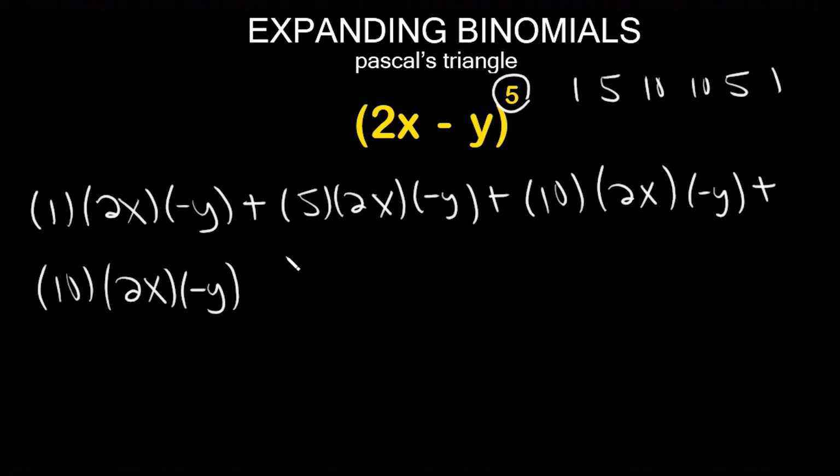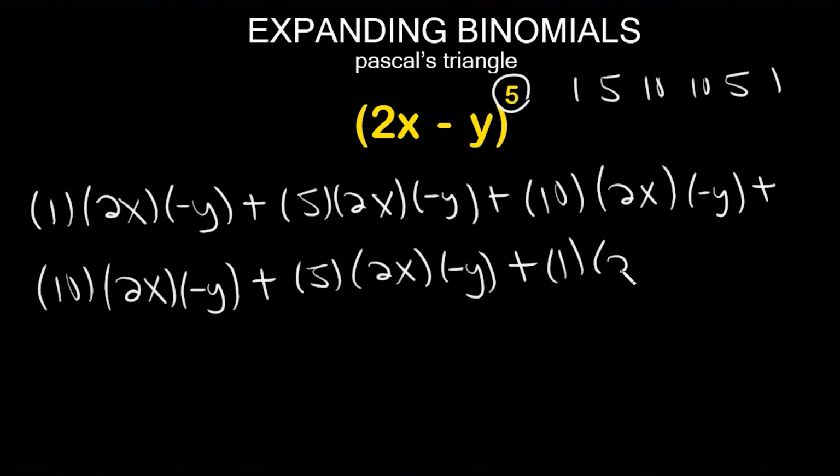My next coefficient is going to be 5, plus 5, and then I have 2x, and then minus y. And then my last coefficient is 1, so plus 1, and then 2x, and then minus y.